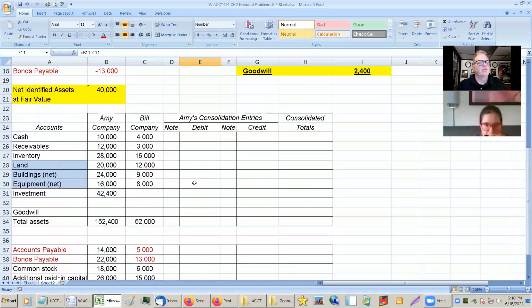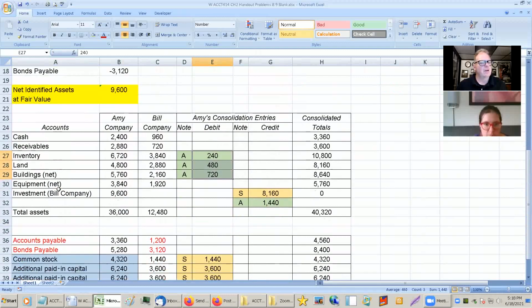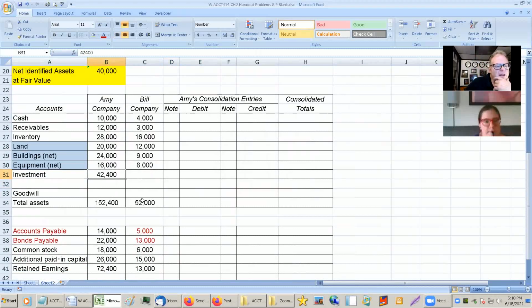All right, so first thing we're going to do, we have this investment. It's 42,100. If we just smash them together, we're going to count it twice. We don't want to do that, obviously.